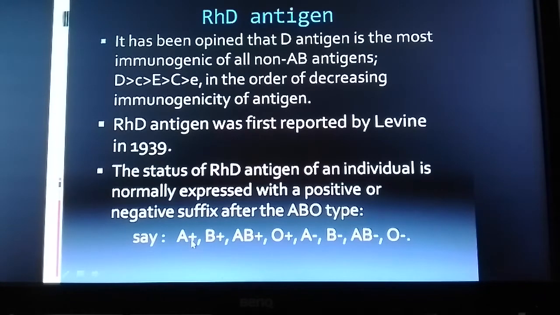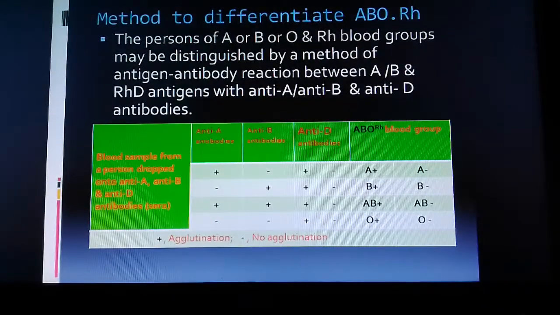Now here the symbol for RH positive is given as a suffix to the ABO system, that is A plus, B plus, that way. Now here is a routine clinical method of differentiating the ABO groups along with the RH blood group.